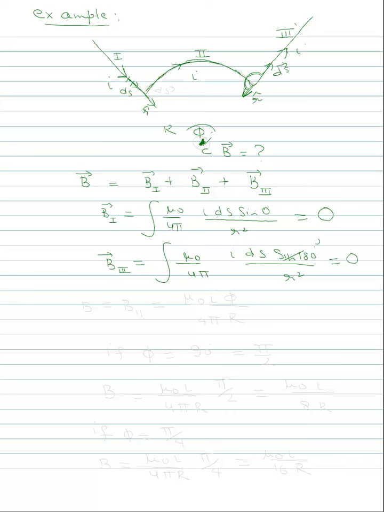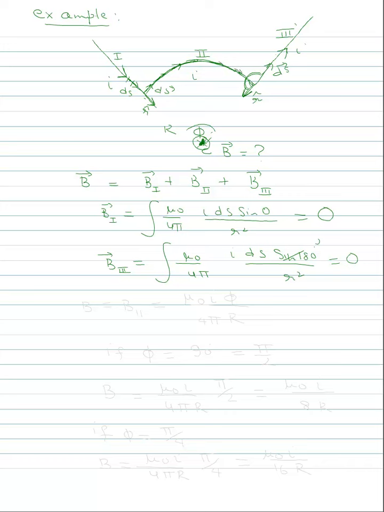So then the total contribution at point C is only due to this current element, and we just figured out how to find the magnetic field due to that. And let's think about the direction. Well, notice that here ds is going to be pointing this way, and r hat is going to be like this, and so if you do ds cross r hat, you will see that the magnetic field is pointing into the paper, and that will be due to all the ds's that make up this arc here.